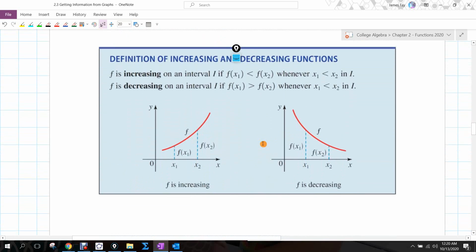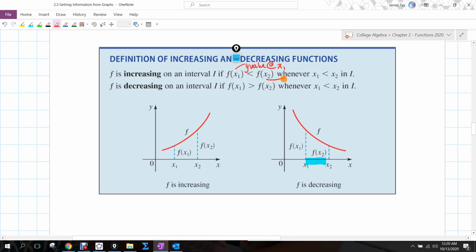So this is how we write it. It says f is increasing on an interval I. Okay, on an interval I. So right now our interval I is that right there. It's the difference between x1 and x2. Or same thing over here. It says if f of x sub 1, remember what f of x sub 1 means. F of x sub 1, that is a y value at x1.